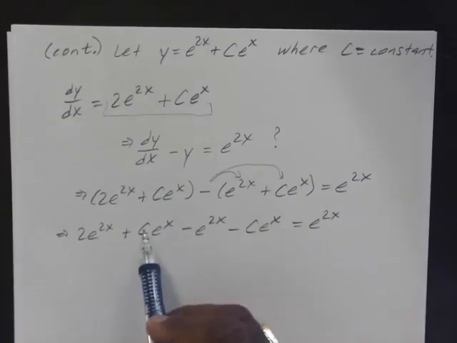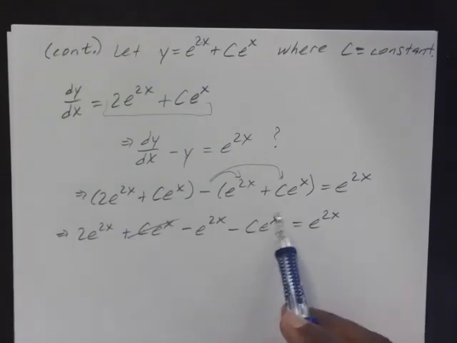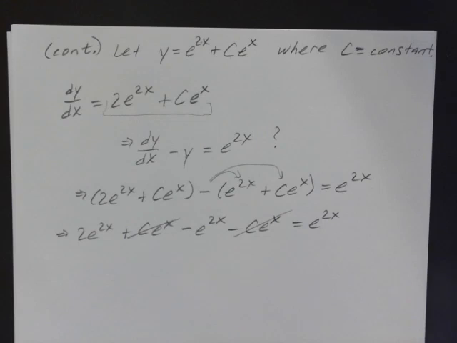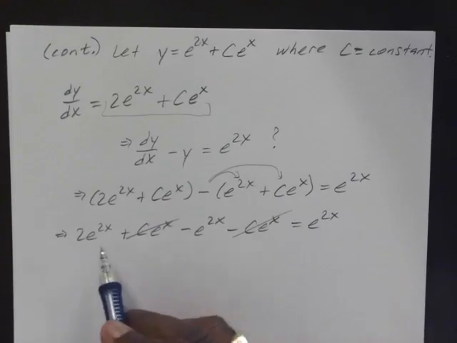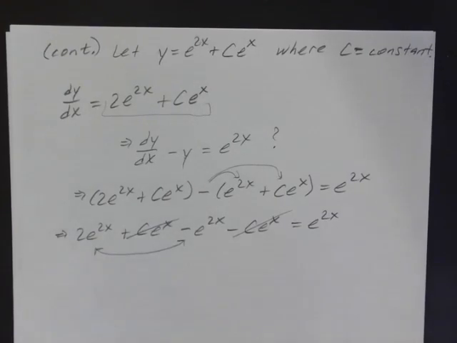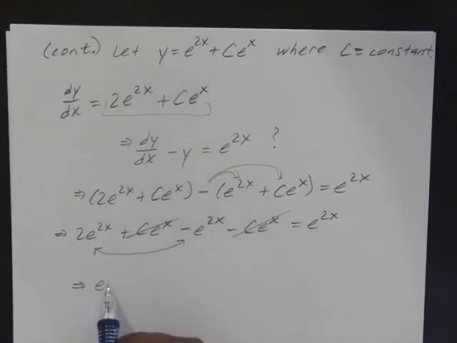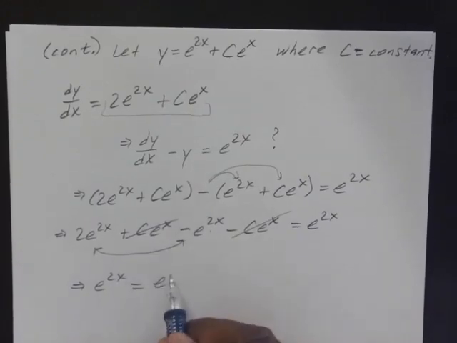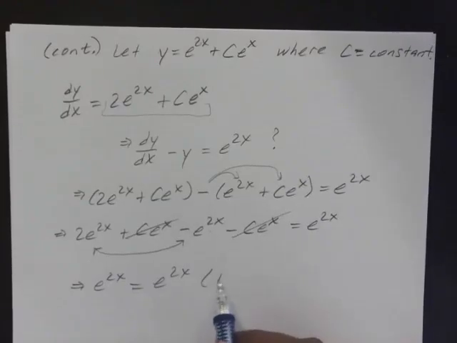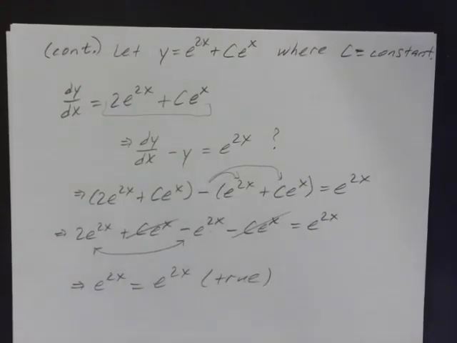We can see that our constant times e to the power of x, we have two opposites, so those two disappear. So we still have 2 times e to the power of 2x minus e to the power of 2x. So on the left side, we have e to the power of 2x, and on the right side, we have e to the power of 2x, which is true. So you can have more than one solution.